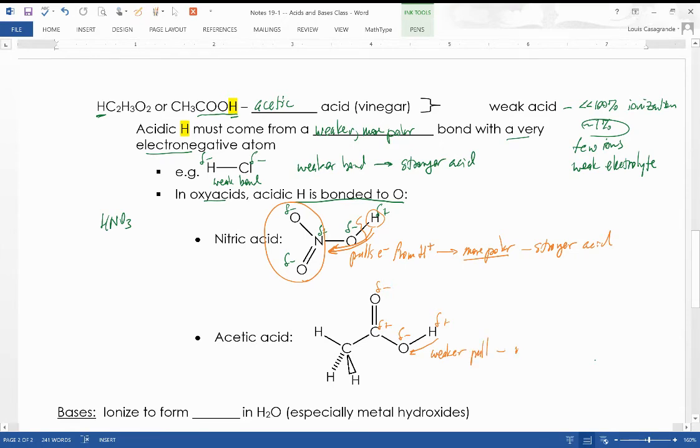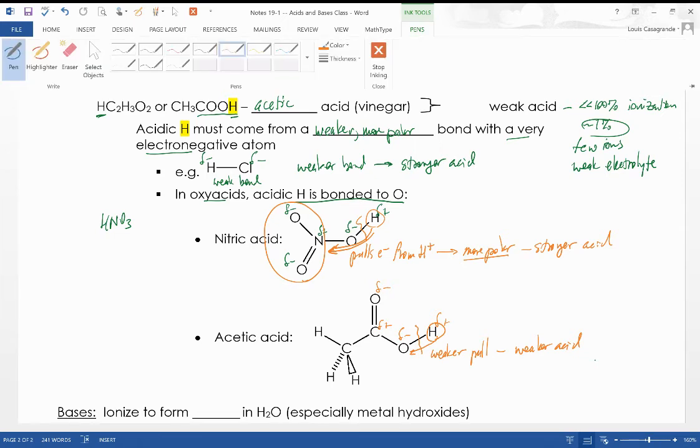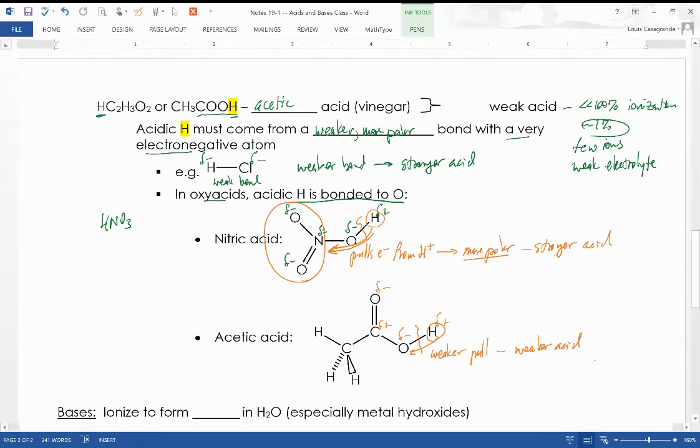And so it's a weaker acid. But again, this hydrogen is the one that's going to come off because it's attached to that oxygen, and we'd split right there. Now you might say, what about those other hydrogens down the line? What about these hydrogens?